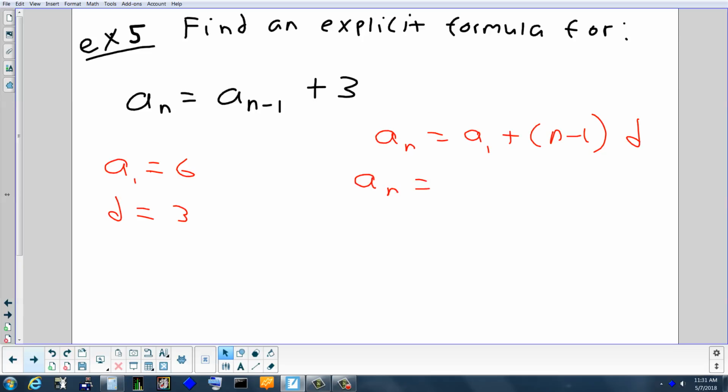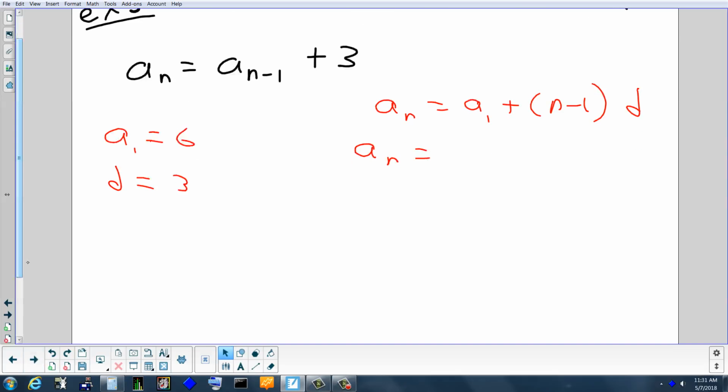What I like to do is write out a few, so once we have a formula, we can test it and see if it works. So 6, 9, 12. All right.